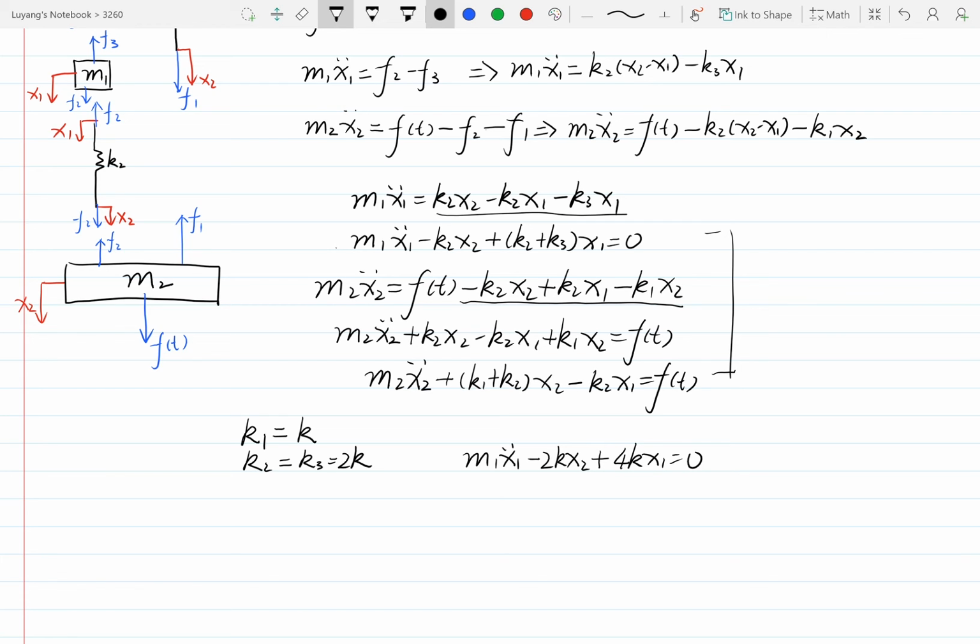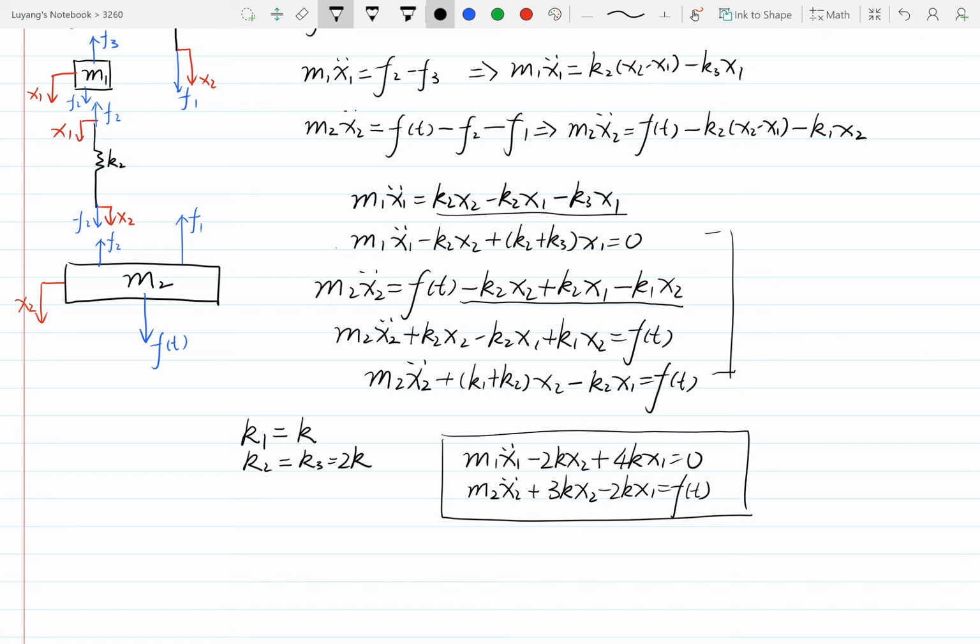For the next equation, we got M2 x2 double dot plus 3K x2 minus 2K x1 equals F of t. Yeah, so this is the final answer here. Perfect. Thank you.